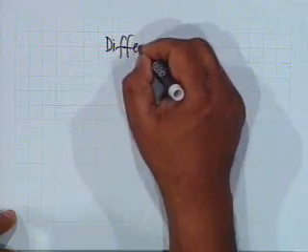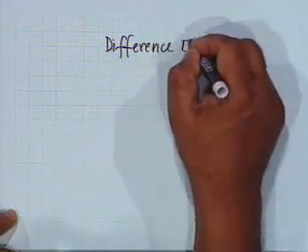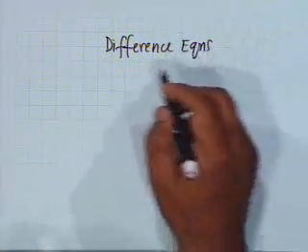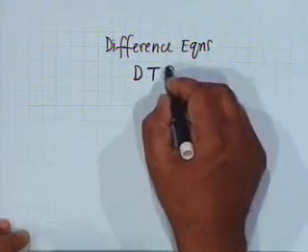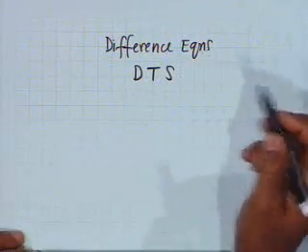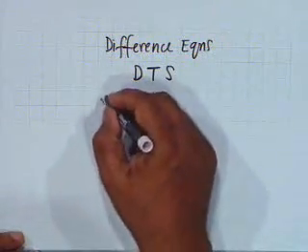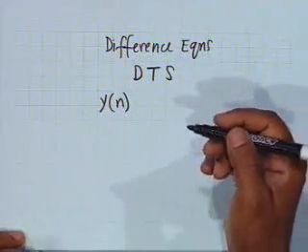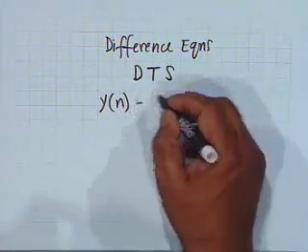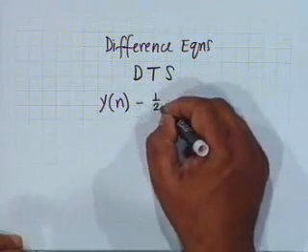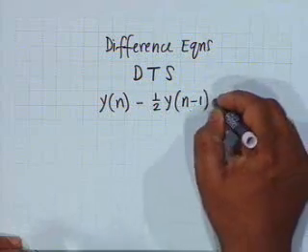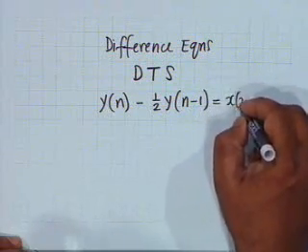In a similar manner, we can talk of difference equations. Naturally, difference equations characterize discrete time systems, and a typical example of a system described by a difference equation could be something like this: y of n minus half y of n minus 1 equal to, let's say, x of n.